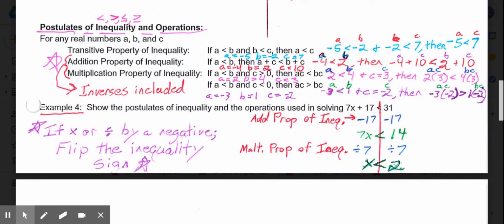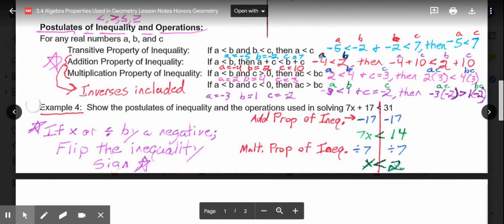Then we have our postulates of inequality and their operations. The postulates are the same as our properties of equality, except now we're dealing with inequality symbols, meaning less than, greater than, less than or equal to, or greater than or equal to.